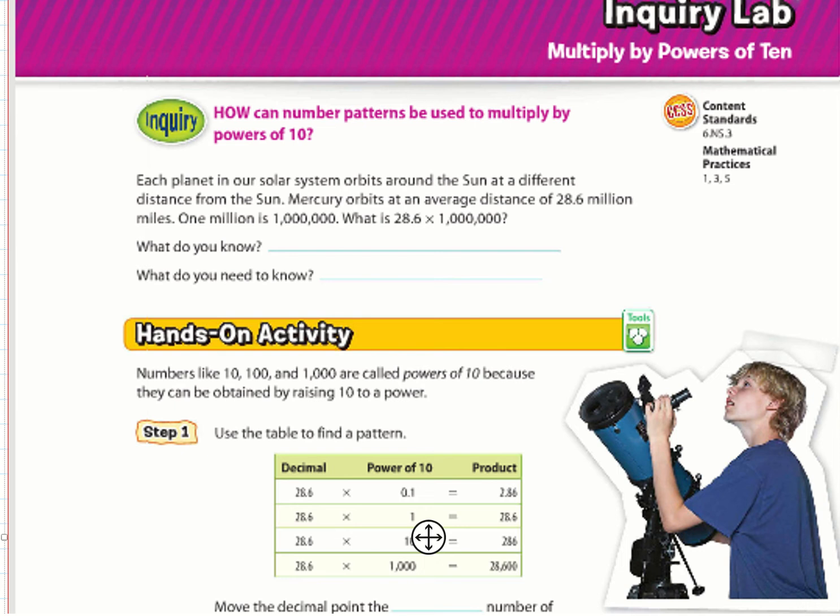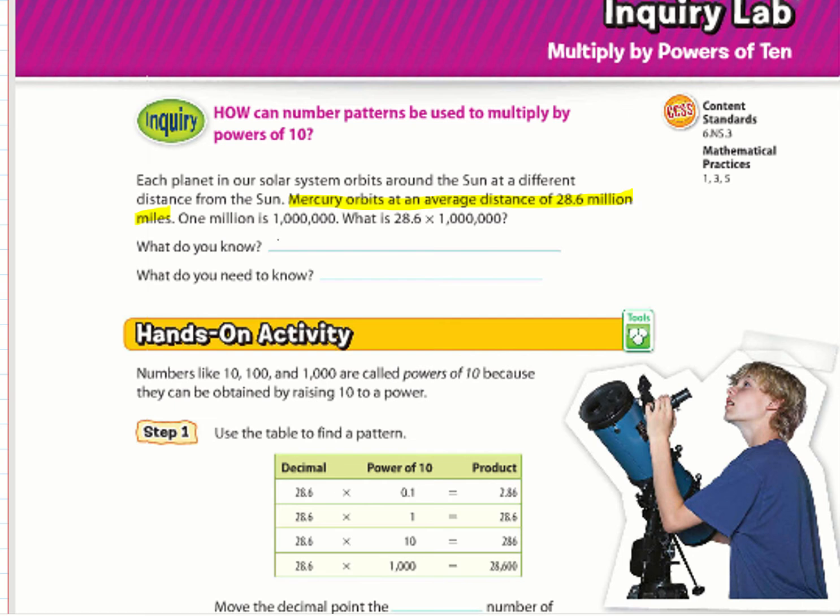So what do we know? Well, based off the question, we know that Mercury orbits at an average distance of 28 and 6/10 million miles.